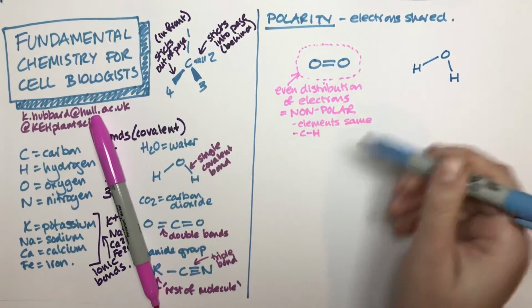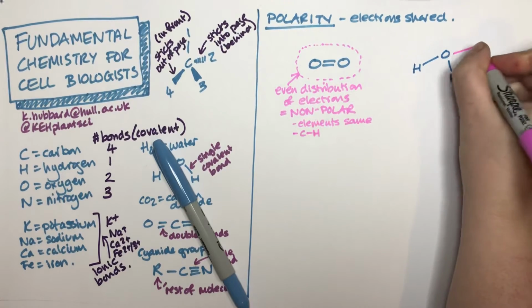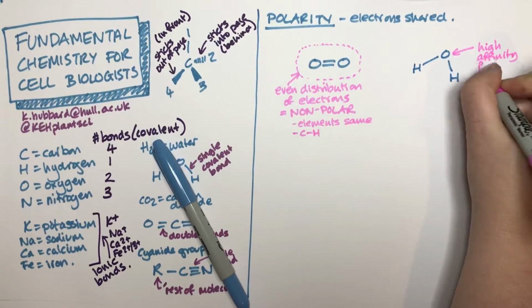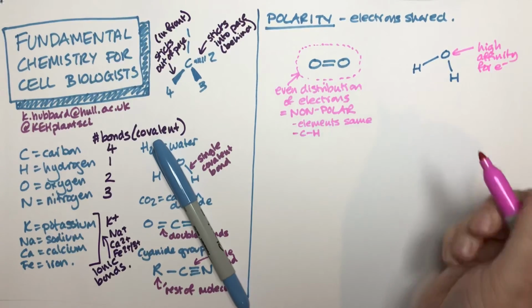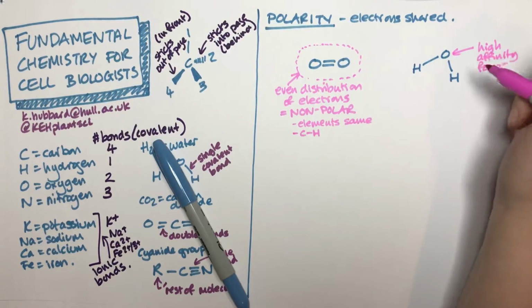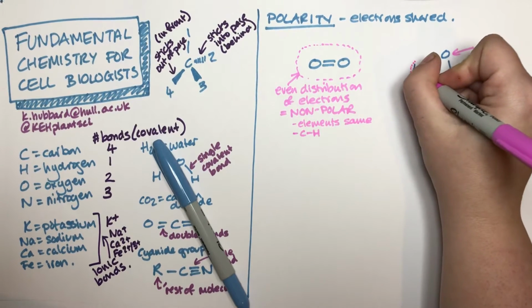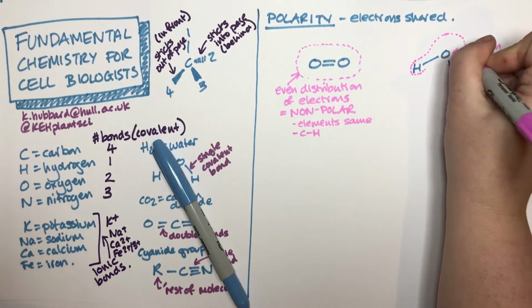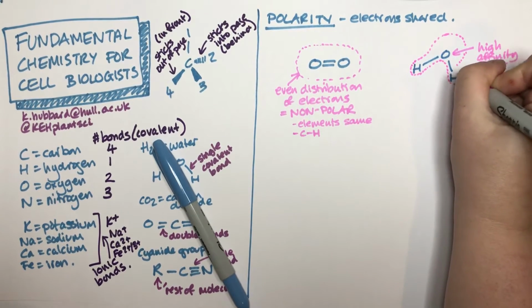So there we've got oxygens and hydrogens. And oxygen has a high affinity for electrons. So what happens is effectively that oxygen steals the electrons from the hydrogen. So the hydrogens won't have very many electrons, but then there'll be a sort of bulge, and all of the electrons are mostly around the oxygen.